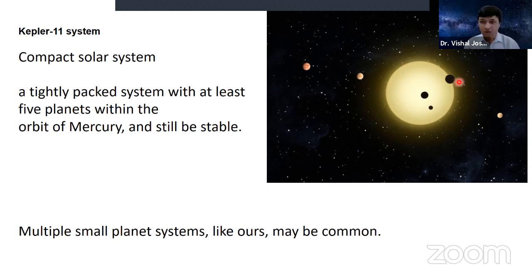All these 5 planets have their orbits settled within the orbit size of Mercury. So they are very close to the star. This example shows that multiple small planet systems, like our own solar system, are very much common. The solar system is again not a special system. It is a common system in the universe.